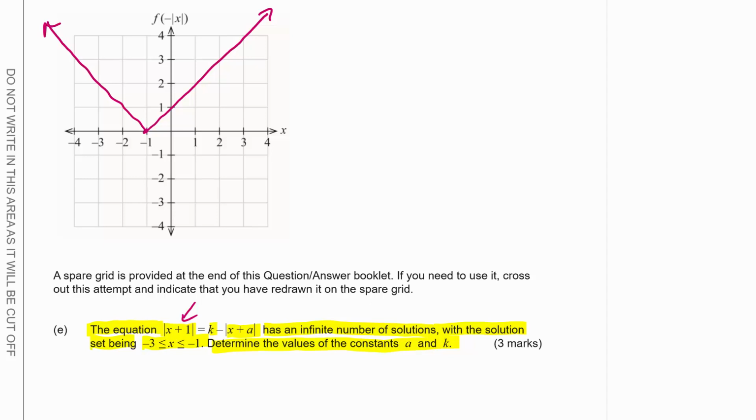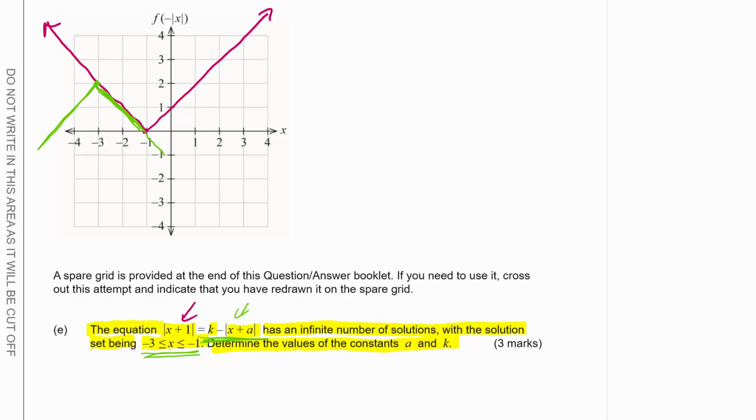Now we have k take away mod x plus a. It's got the same solutions from -3 to -1. In other words, that one's going to track along here. So that means, looking at the form of it, it's going to bounce down at this point just here.